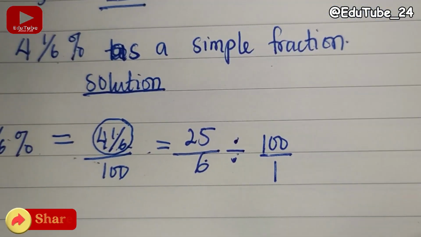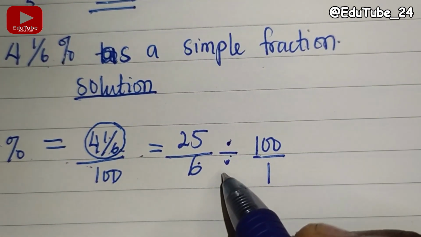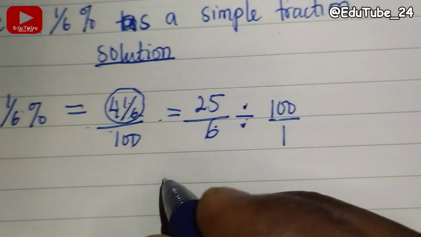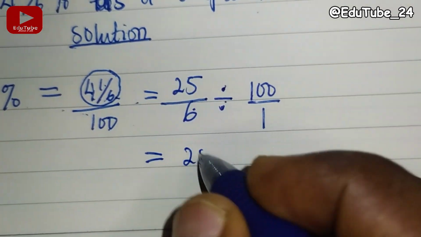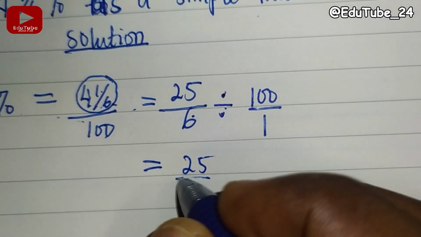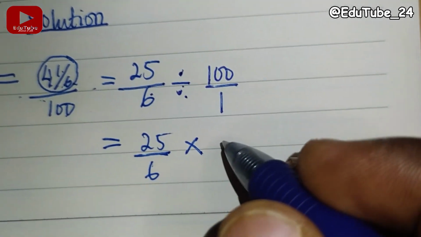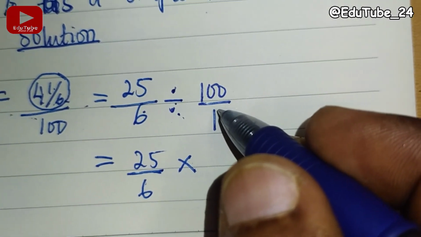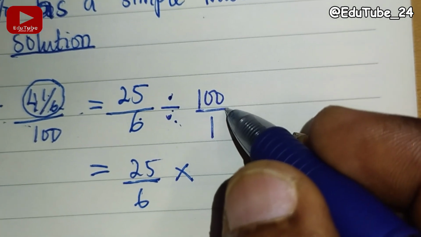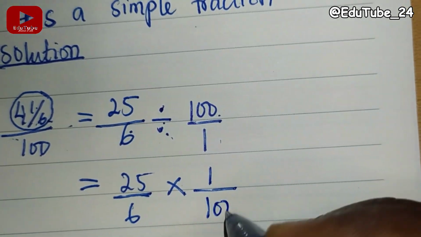Now, we don't divide a fraction literally as it is, so we change the division sign to a multiplication sign. So this expression will be rewritten as 25 out of 6 times, and the fraction 100 over 1 will become 1 out of 100.